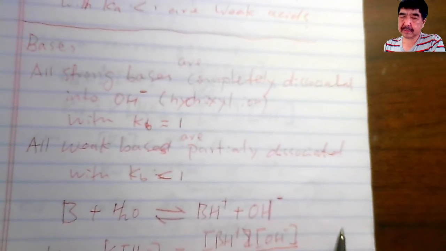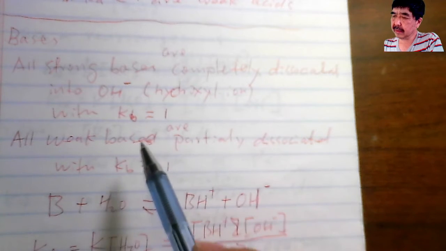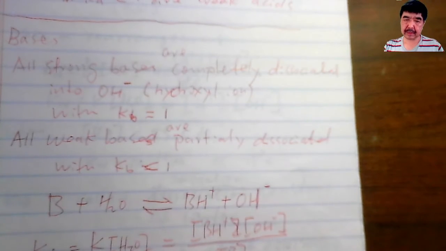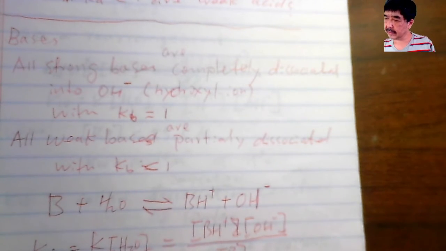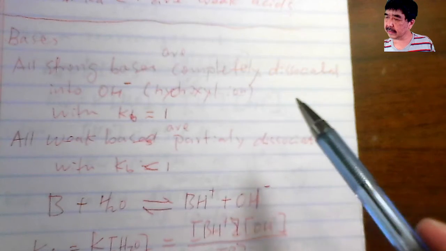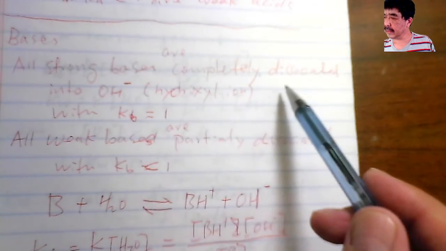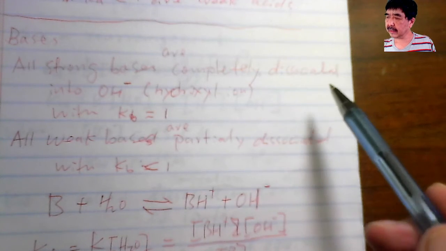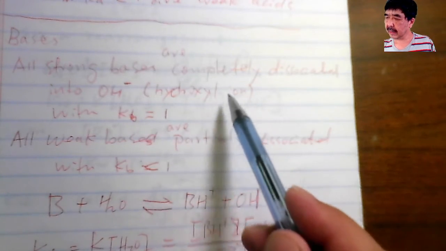Next, let's briefly talk about the bases. Very similarly, bases can also be divided into two categories: strong bases and weak bases. Strong bases are bases that can be completely dissociated, and this dissociation forms hydroxide ions.